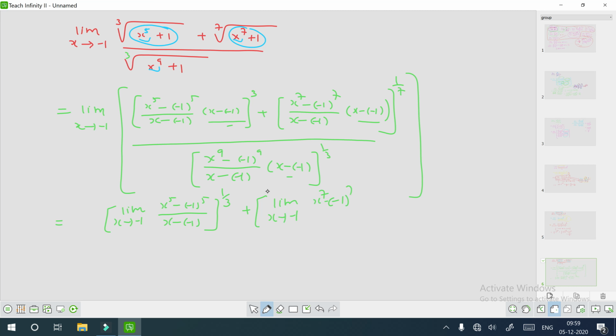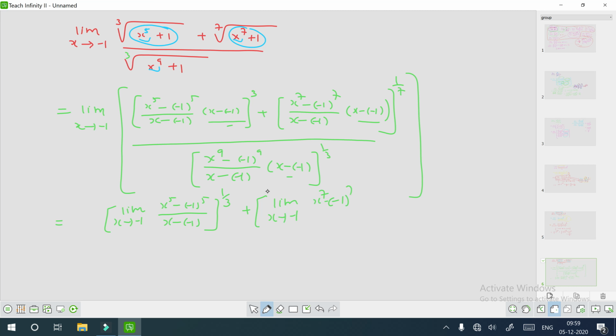So here what do you get? Only 1 by 2. So the remaining term, limit x tends to -1 of (x plus 1) raised to 1 by 2 minus 1 by 3. That comes out 3 minus 2 by 6, that comes out 1 by 6. In the denominator quantity, what is the form?